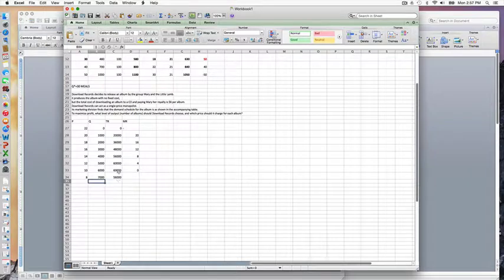Yes, 56,000 minus 60,000, that's 4,000 divided by 7,000 minus 6,000, 1,000. So that's going to be 4,000 divided by 1,000. That's going to be minus 4, because you see here you subtract a bigger number from a smaller number. This is why it has minus. So that's my marginal revenue.